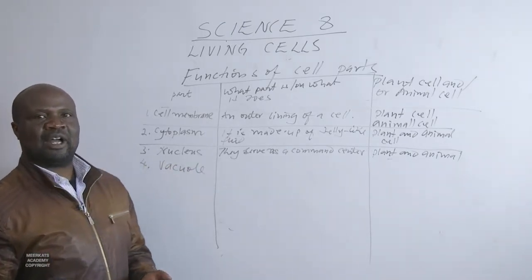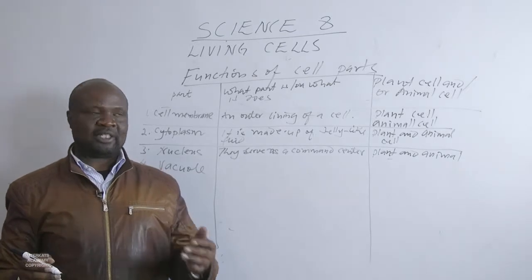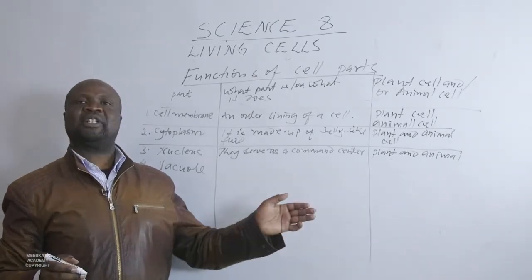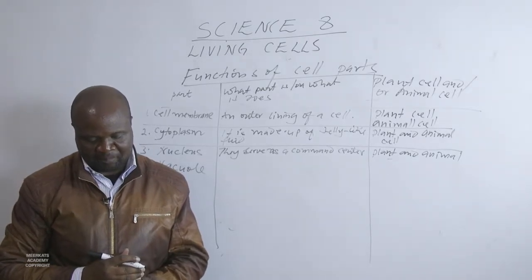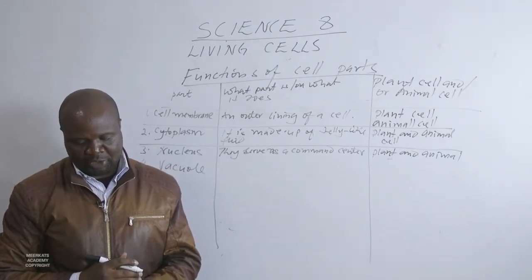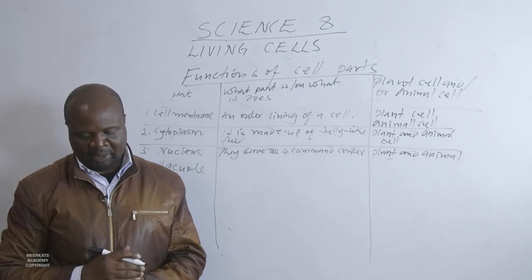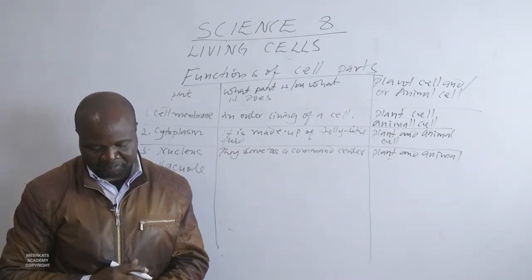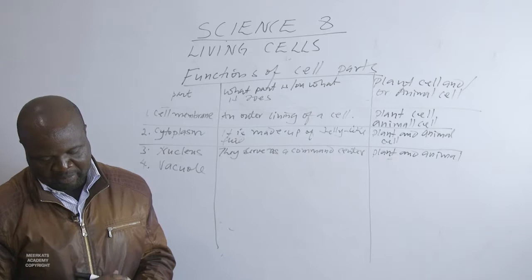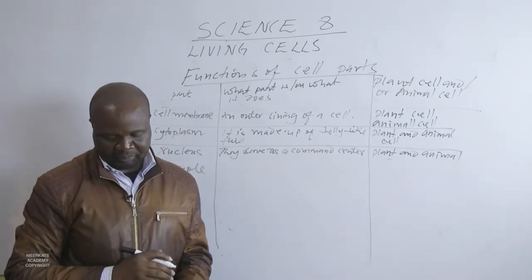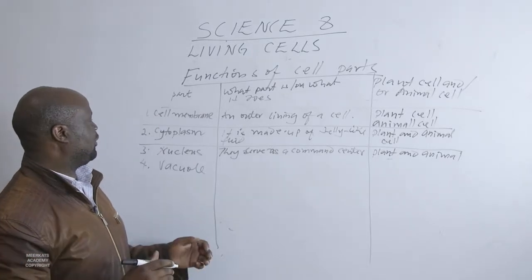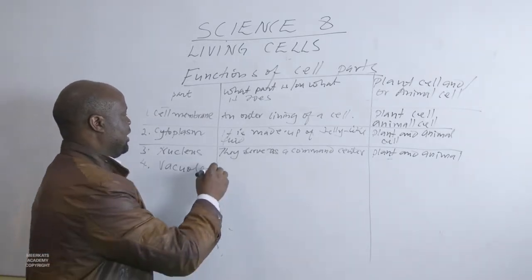What is a vacuole? What is its function? Is it present in plant and animal cell? Now, we are told about the vacuole that these are small sphere membranes within the cell with fluid. So vacuoles, and they're large.